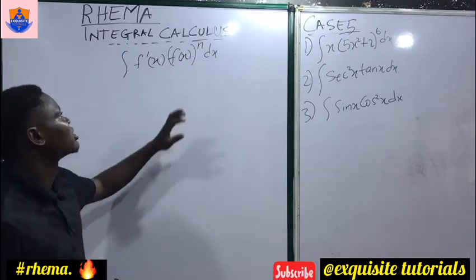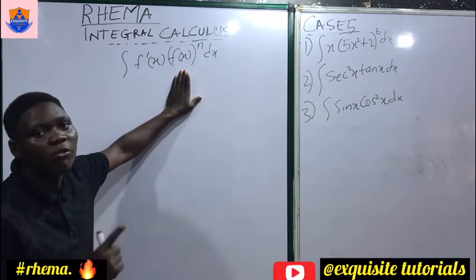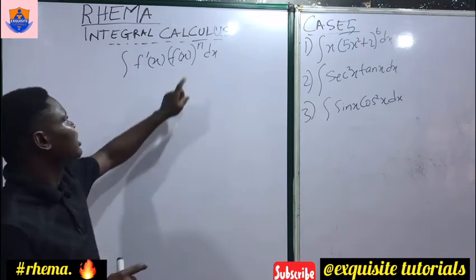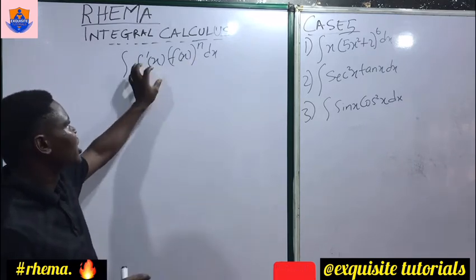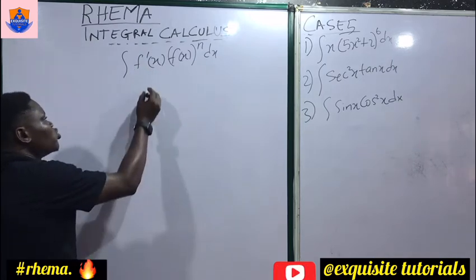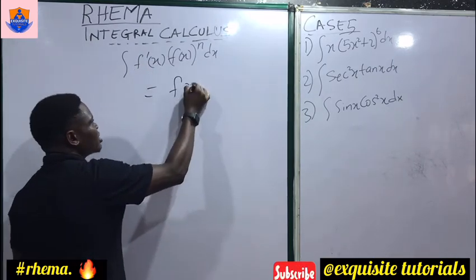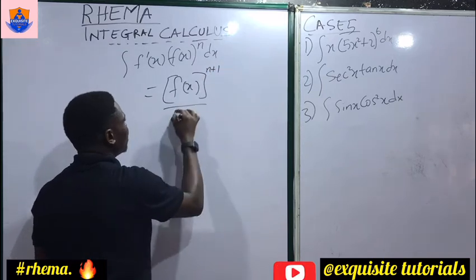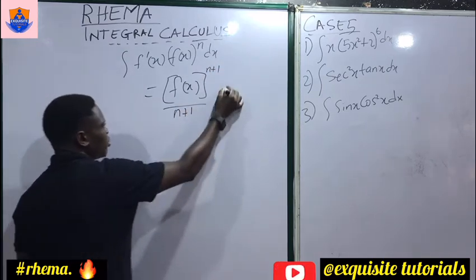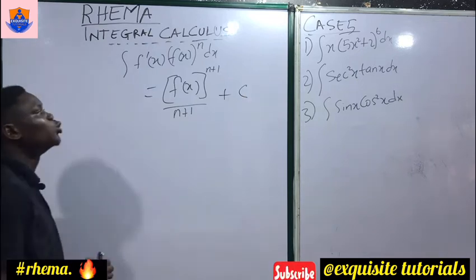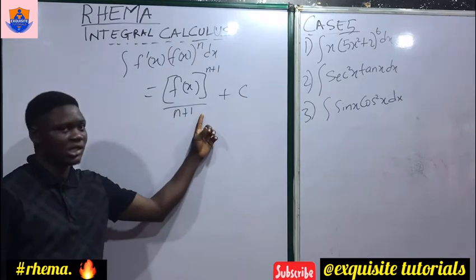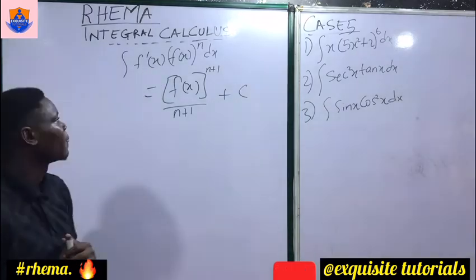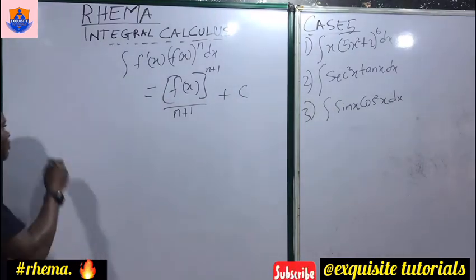If you have a function of this nature, that when you differentiate what is here, you will get this part, what you just do is to write f of x raised to the power n plus 1 all over n plus 1, then plus your constant. Now you won't be dividing by f prime of x in this case because it is here and it has cancelled out already. So let's move to question 1.